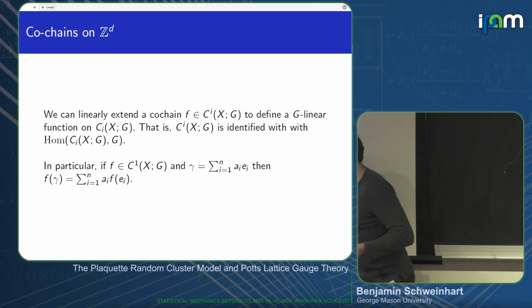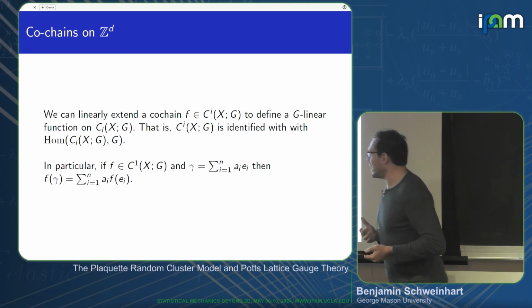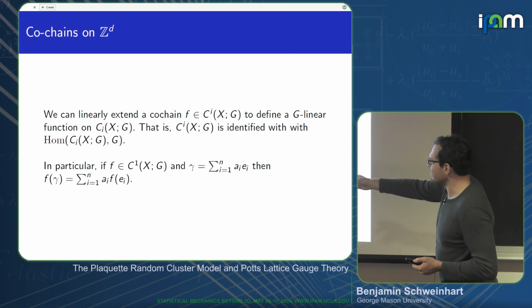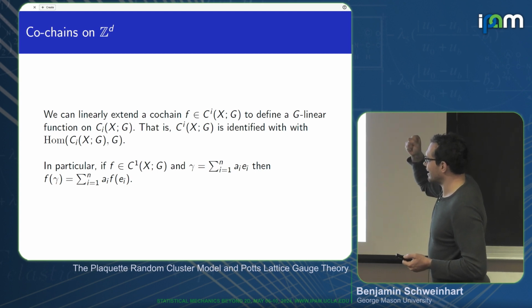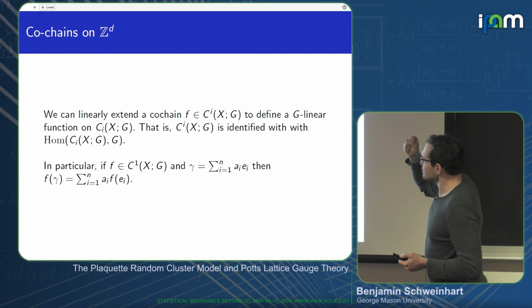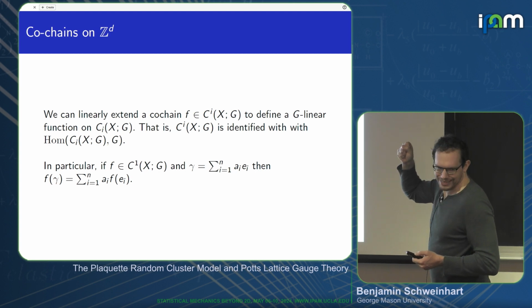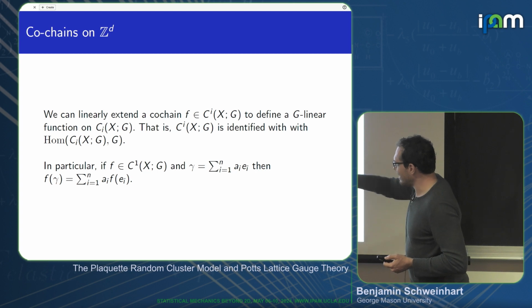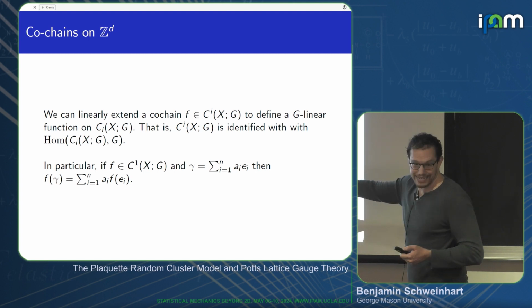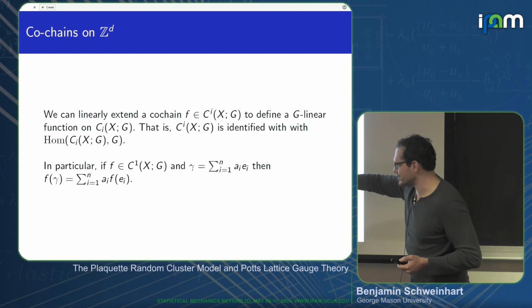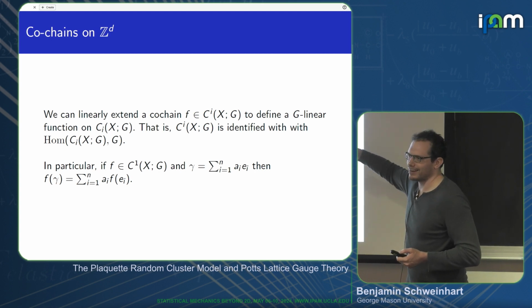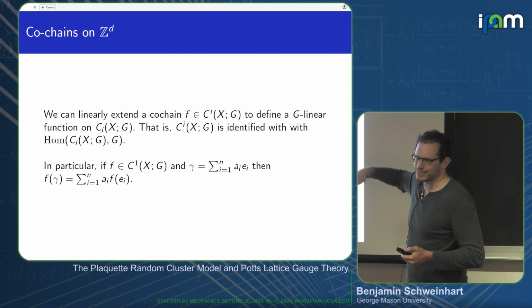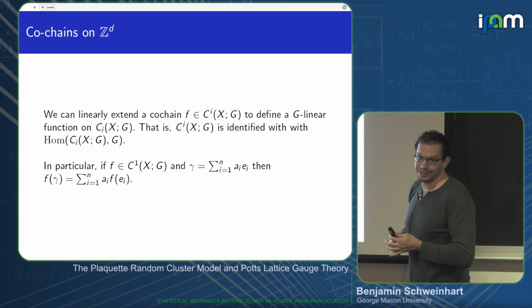So all of these a_i's are going to be 1 or -1. And all this is saying is we can evaluate our F on gamma. I actually kind of used this already with the definition of the Wilson loop variable. This is the same as W gamma, right? In this case, an additive notation. It's the sum of spins around your cycle, or the product if you're thinking about it in terms of roots of unity.